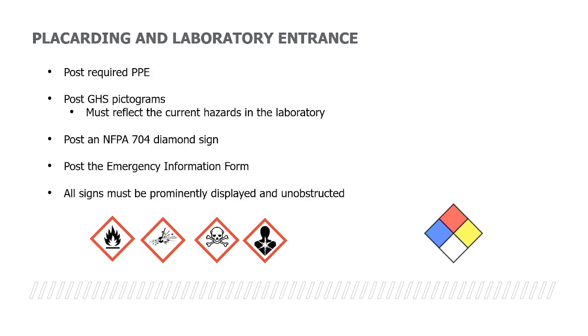The other thing too is the GHS pictograms must reflect the current hazards of the laboratory. For some laboratories, the current hazards may change from semester to semester. Some of them may never change. That's why it's very important to make sure that you do have the appropriate documentation or the placarding on the outside of the main entrance of the door.